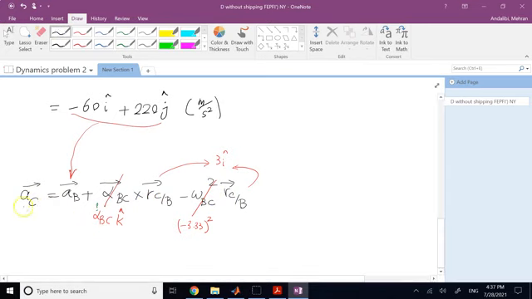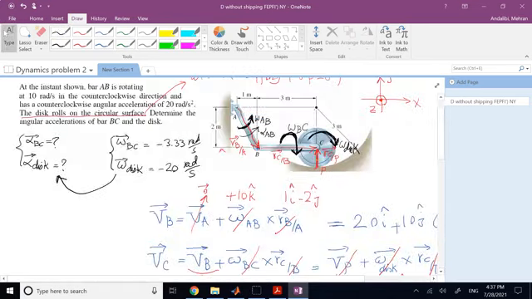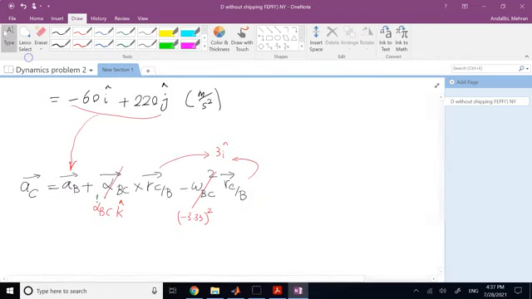But remember, C belongs to also the disk. So I can find acceleration of C also through the disk. It's a common point, an intersection point. So I should say this is equal to, if I found it through the disk.